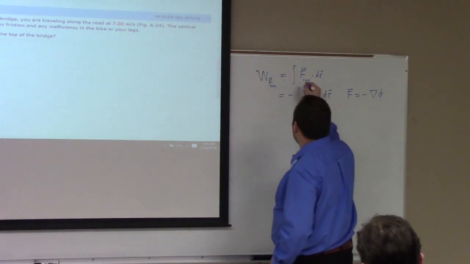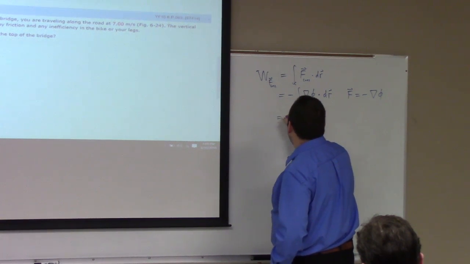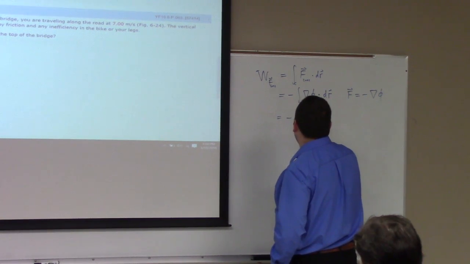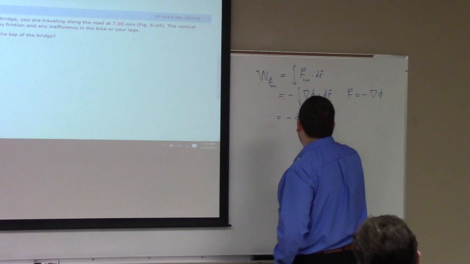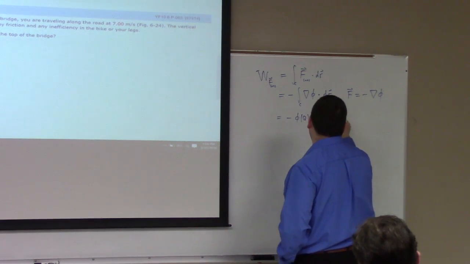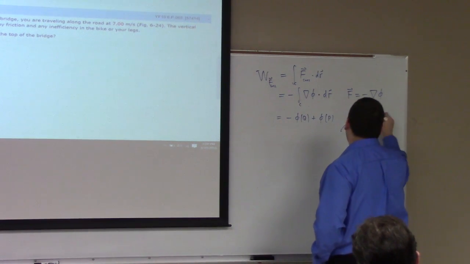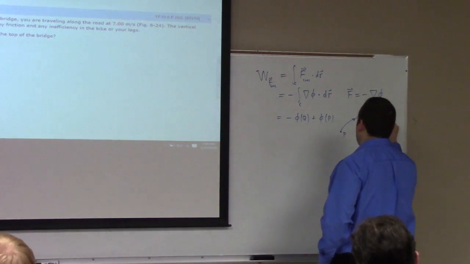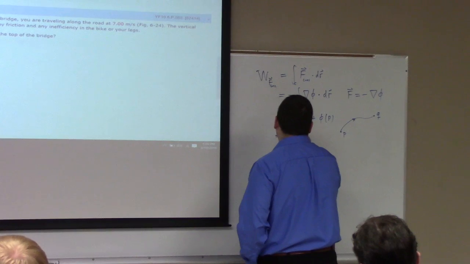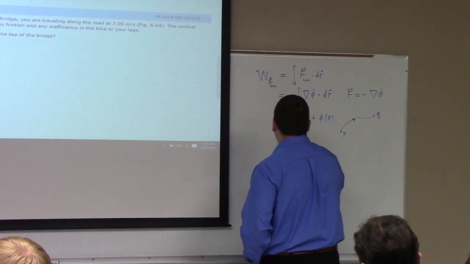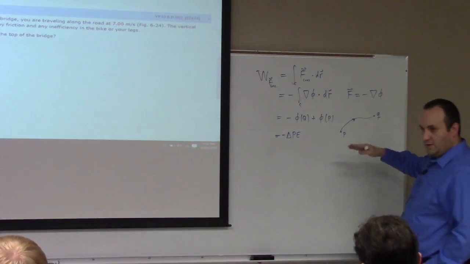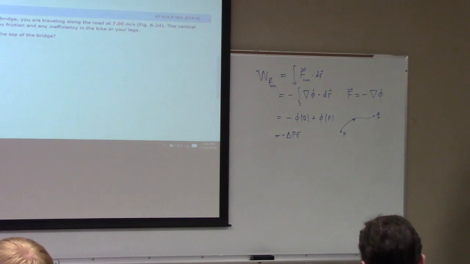But then by the fundamental theorem of calculus, this is minus phi of Q plus phi of P. Here I'm supposing that the curve goes from point P to point Q. And so you see what that is: that's the change in potential energy over the curve, but with a minus.